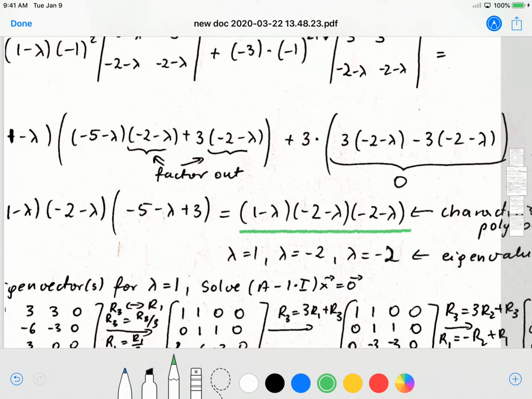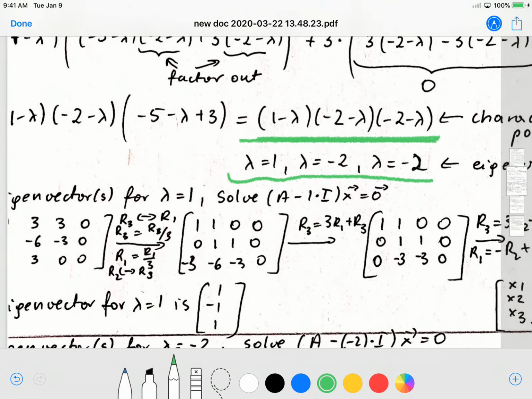So try to factor as much as possible. Don't multiply this out, just keep factoring whatever you can, because at the end you need to factor and set it equal to 0. So this would be my characteristic equation. And if I solve it equal to 0, those are my eigenvalues. Then we solve for each eigenvalue.